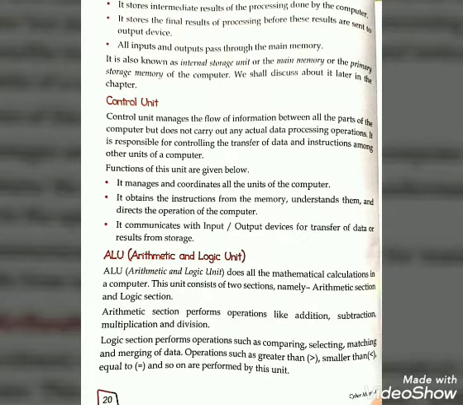This is the work of arithmetic section. Now the logic section performs operations such as comparing, selecting, matching and merging of data. How? Operations such as greater than, smaller than and equal to and so on are performed by this arithmetic and logic unit.